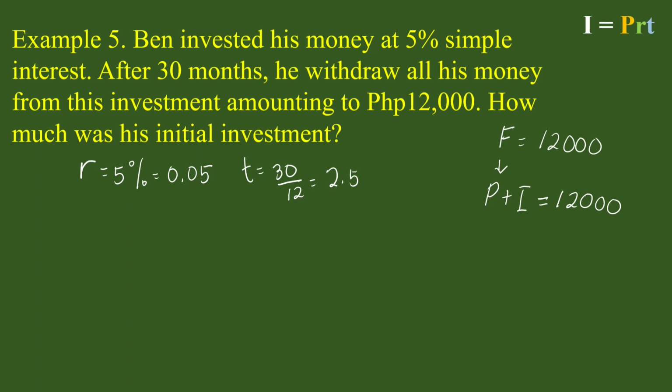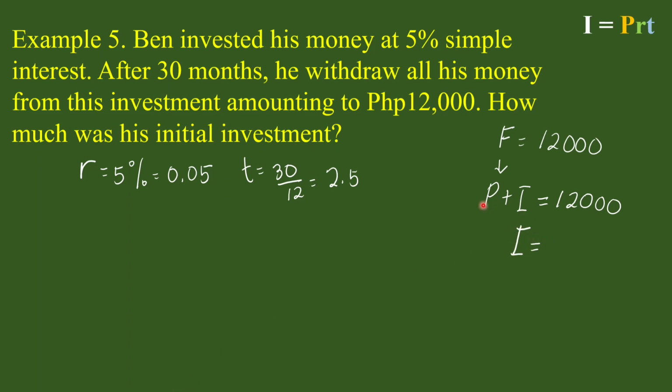Now, let us use this 12,000 in terms of P and I in the formula I equals PRT. Kasi nga, yun yung given lang dyan. Okay, so letter I. Yan. With simple algebra, let us isolate letter I here and transpose.